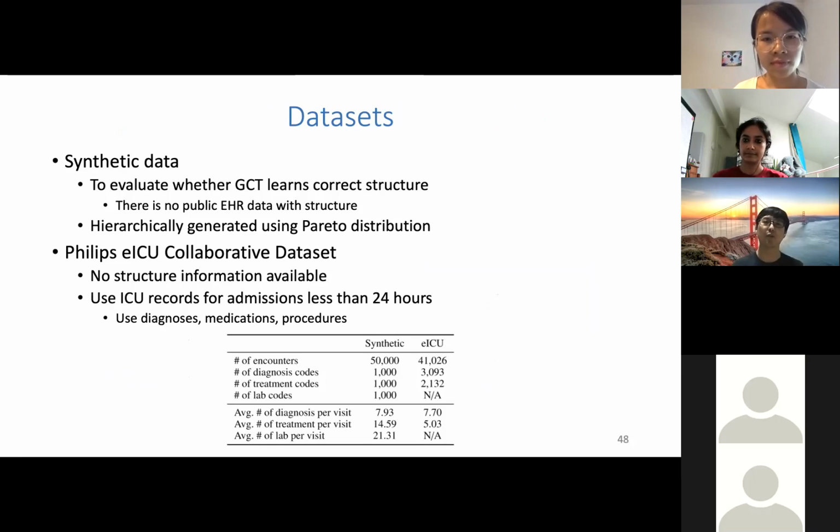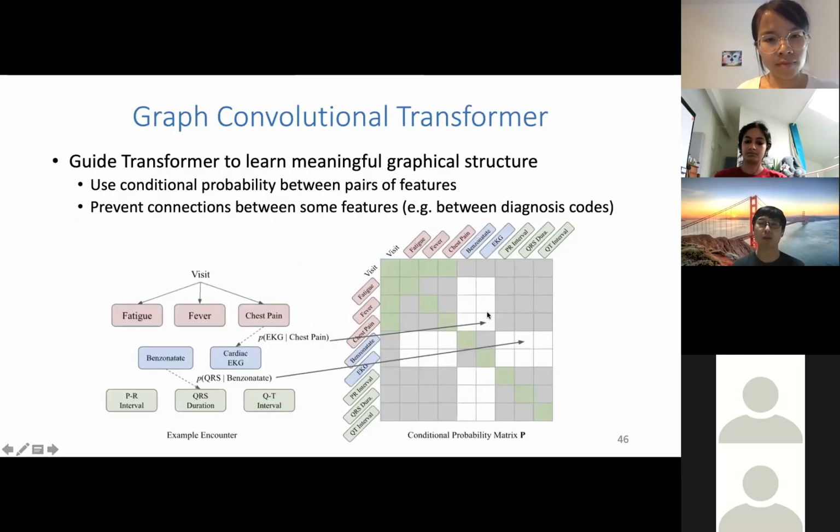So when I ran this algorithm on that, not even GCT, just a transformer, for example, just self-attention on those millions of patient records, then it actually learns the ground truth connection pretty well, even without the conditional probability matrix and all the fancy stuff that's going on here. Even without this, if you just run a self-attention algorithm on millions of patient records, it learns the true connections pretty accurately.